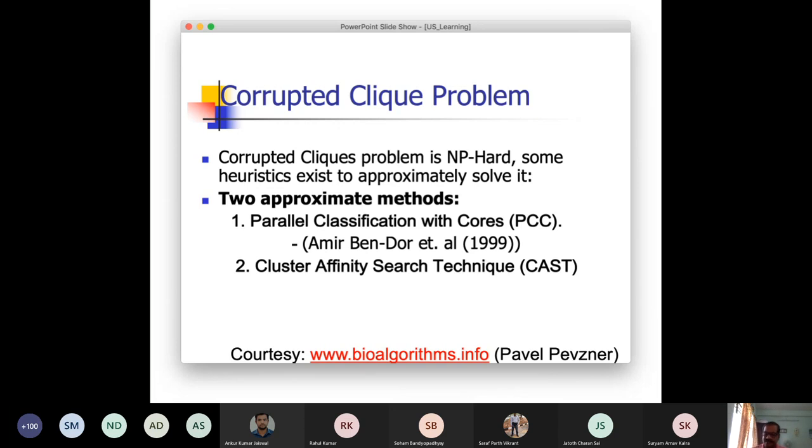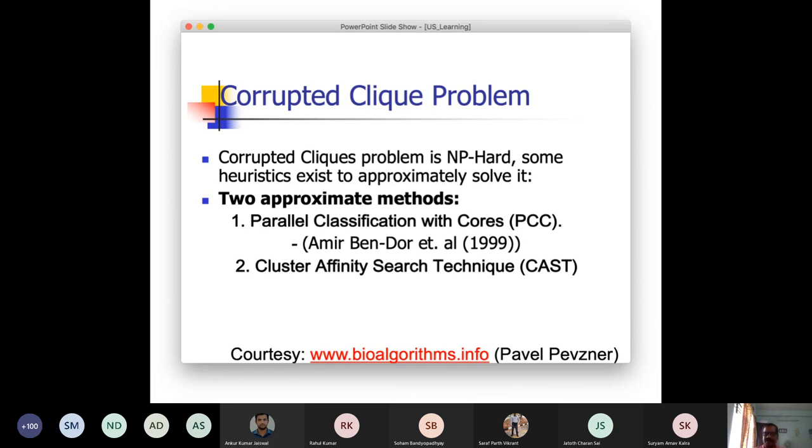Since it is combinatorially explosive, it's an NP-hard problem. If I give you the number of edges to be deleted and inserted, then you can check whether the graph is a clique graph or not.